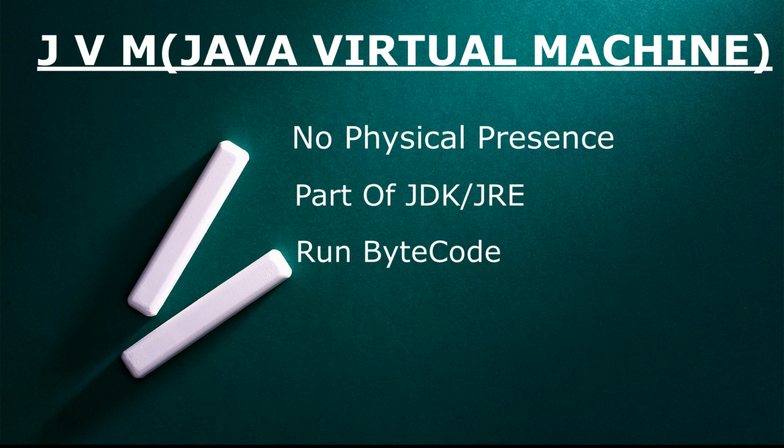For example, you write your .java file, and when you compile it, it generates a .class file, which is nothing but bytecode. This bytecode can run only on top of a JVM, that is Java Virtual Machine. So the Java Virtual Machine's responsibility is to run your particular class file or bytecode which you have generated.